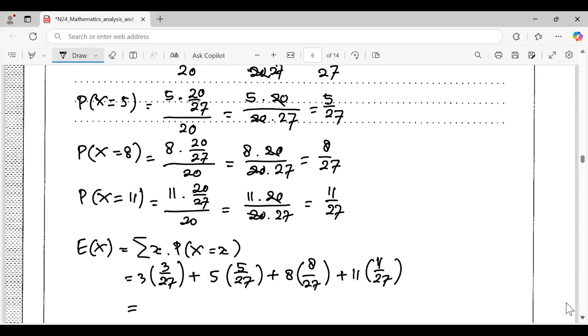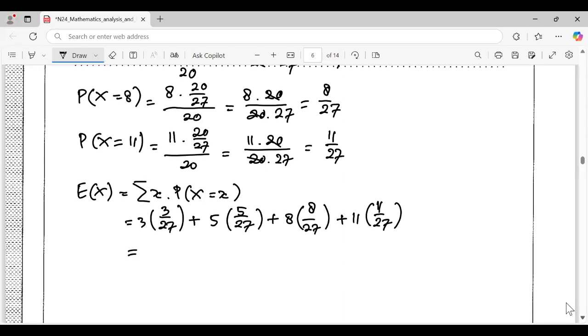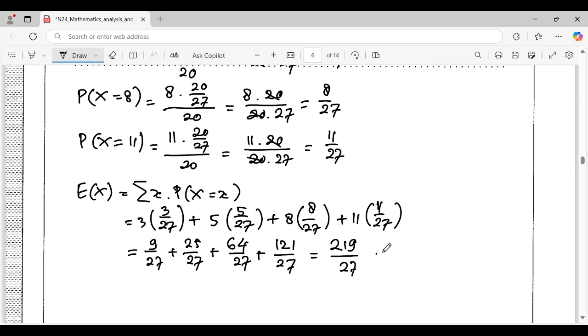I need more space. And this is 9 over 27, 25 over 27, 64 over 27, 121 over 27. And the result is 219 over 27, or in decimal, it is 8.11.